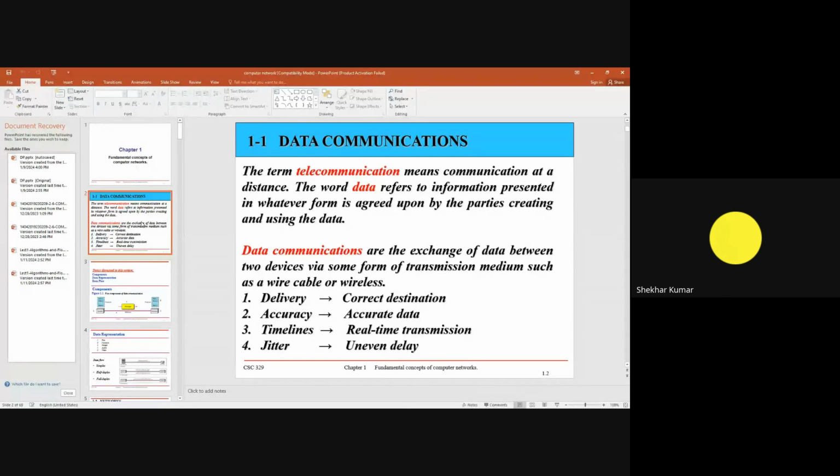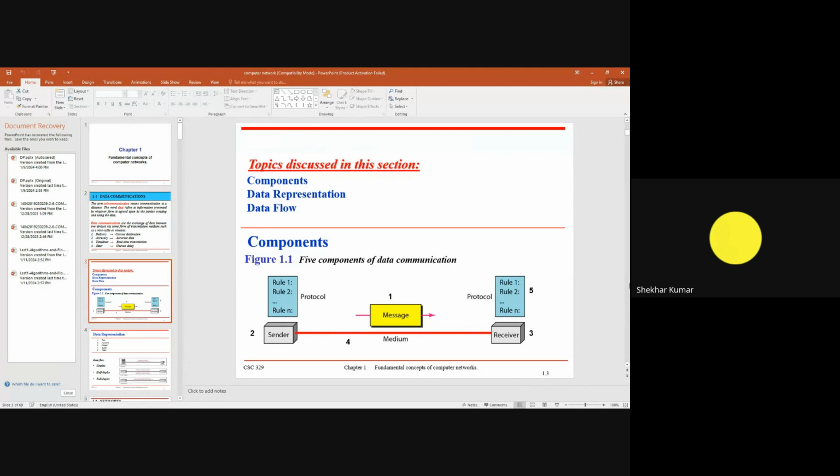Then we will discuss the components. What are the components? For data communication, these are the 5 components. First component is a message. That is also called a packet.